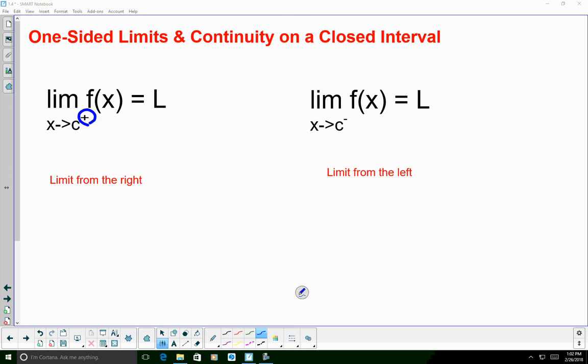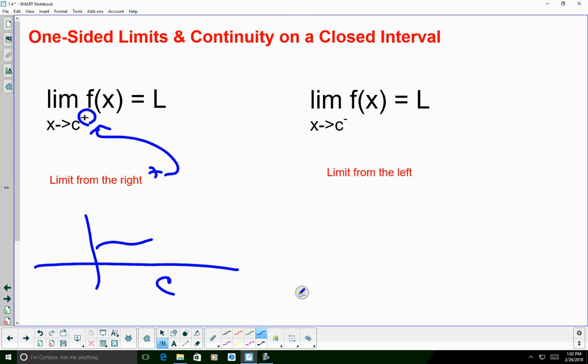So if this is c here, and I'm looking at my graph, I'm approaching from over here, and I'm approaching that point to see what the limit is. With the minus sign, this little minus sign means that I'm approaching from the left, and that means I'm coming from the left up until that point.